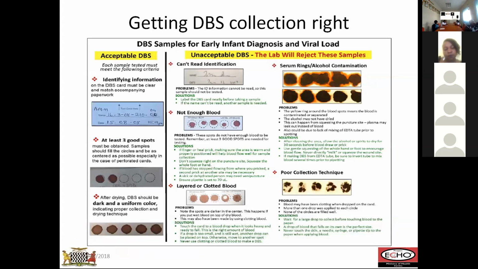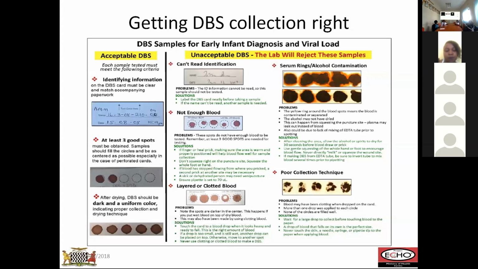These are some of the reasons that you get a rejection of your DBS samples: when the identification is not clearly written on the card, or you are collecting very little blood.